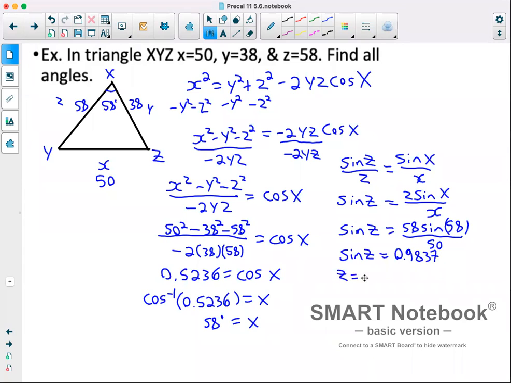We've got Z is equal to sine negative 1 of that, which gives us 80 degrees. Now to get our last angle, we can simply go 180 minus our two angles.